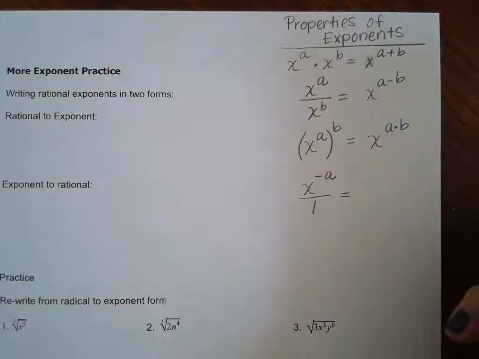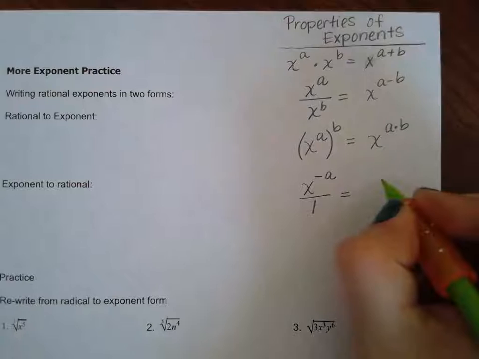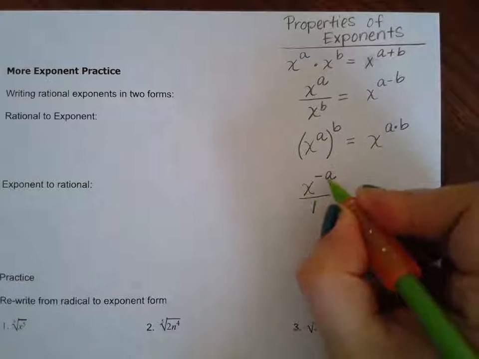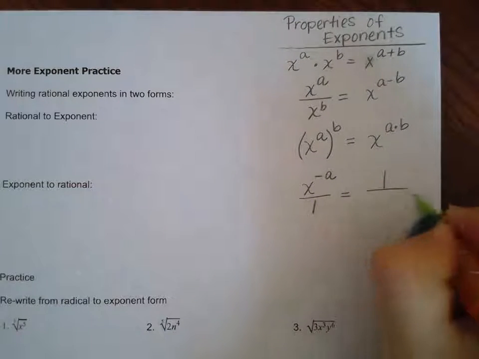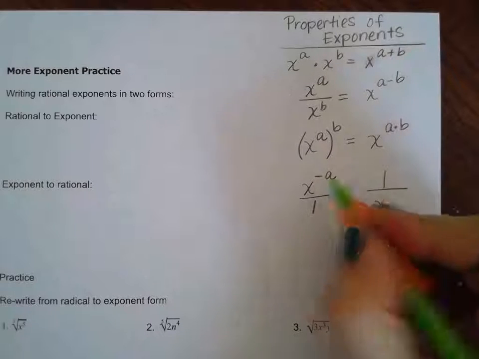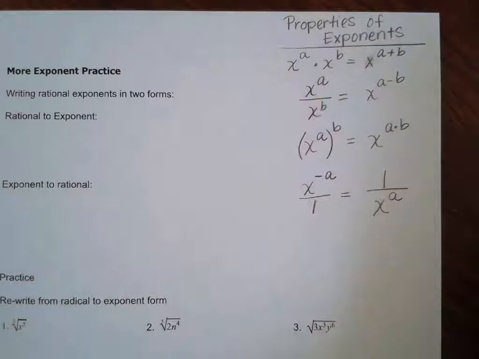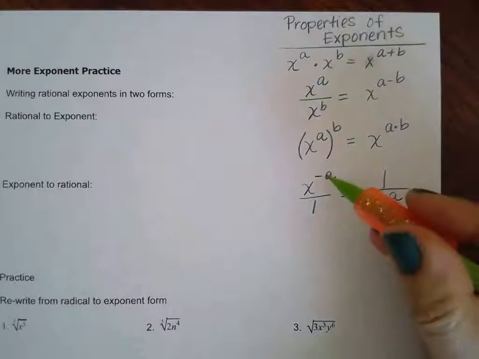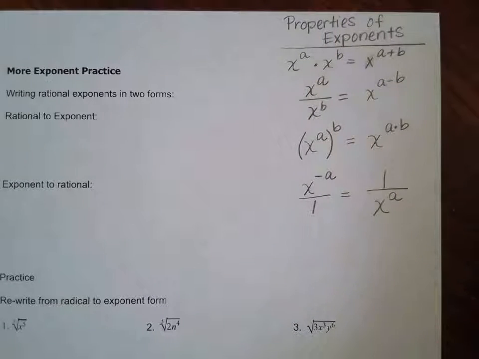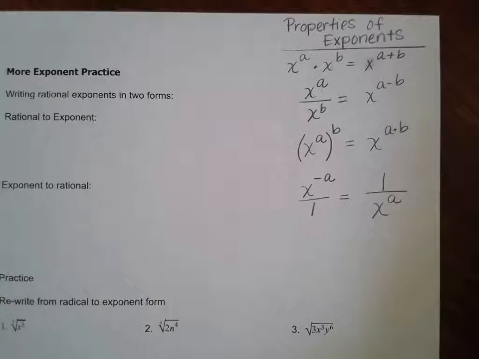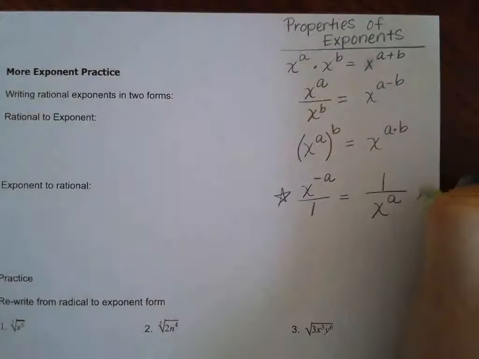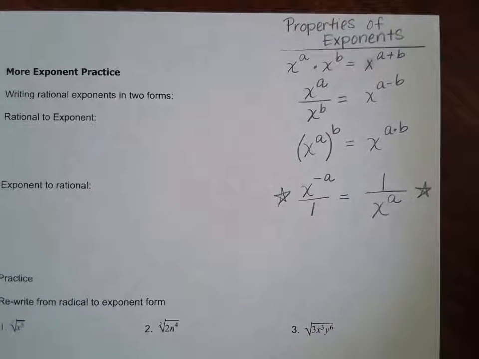So to write this with a positive exponent, you move the entire term down to the denominator. When you do that, this exponent turns positive. So whenever we have negative exponent answers, we need to move our term down to the denominator. And this is the one that nobody seems to like, so we'll probably practice that one a lot so that we get it right all the time.